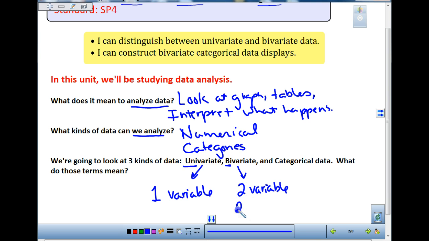It doesn't really have to be a variable, but two pieces of information that we are going to look at. And then the last one is categorical data, and that is just when you are looking at different information in categories. We talked about your favorite pet, favorite food, that type of stuff.